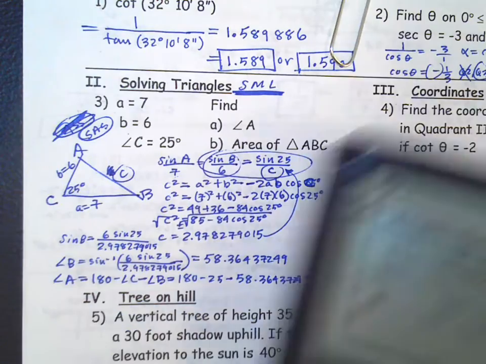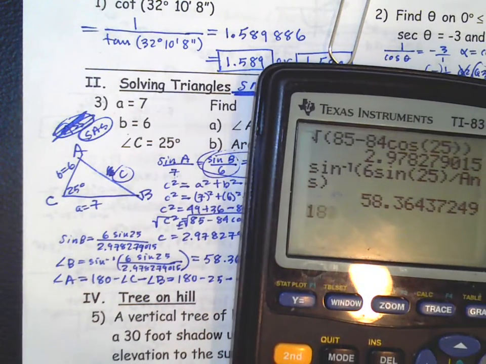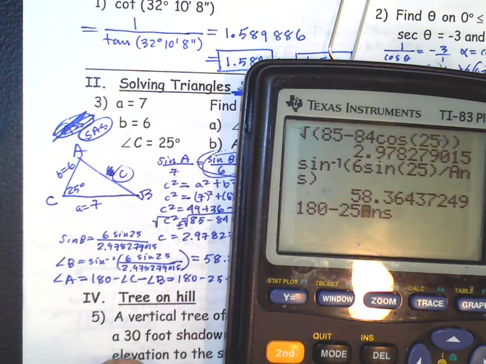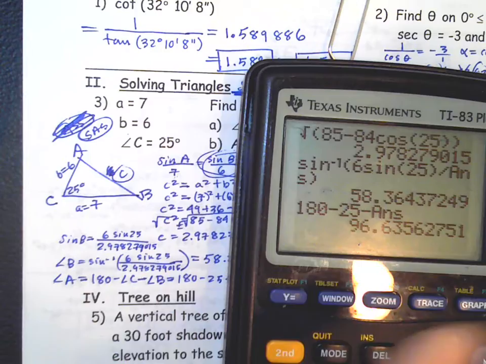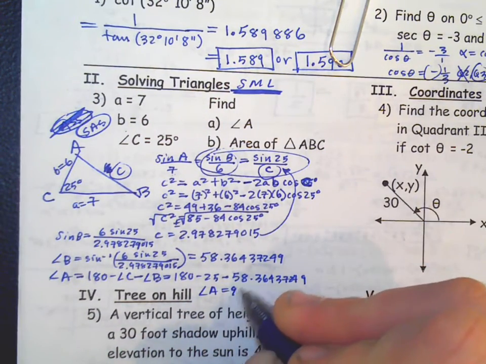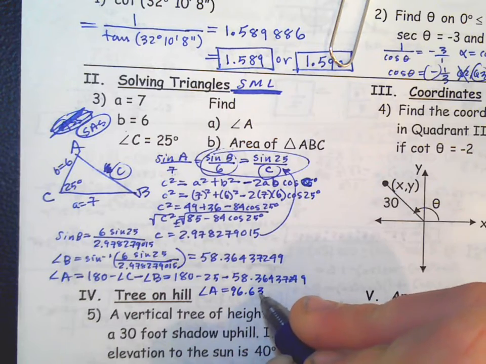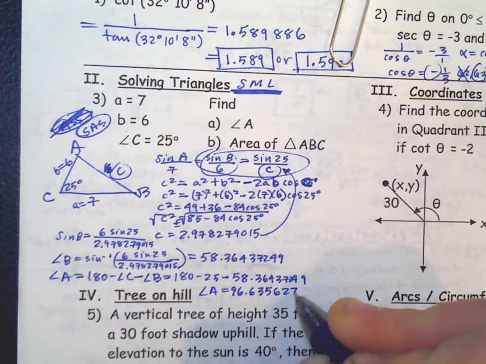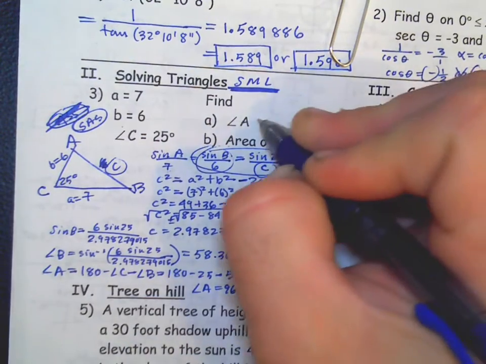All right, so 180 minus 25 minus the previous answer. Oops. Minus the previous answer, because I don't want to retype all that. Take advantage of those little tricks. So angle A equals 96.63562751.